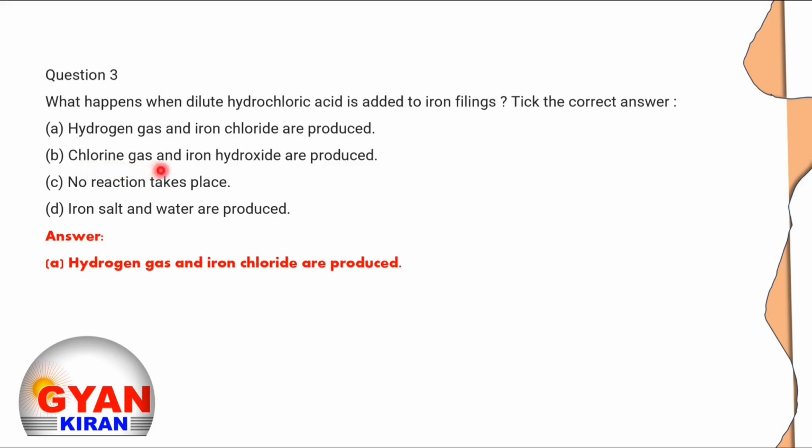Second one is chlorine gas and iron hydroxide are produced. C. No reaction takes place. D. Iron salt and water are produced. Here the solution is when dilute hydrochloric acid reacts with iron filings, hydrogen gas and iron chloride are produced, and hence the option A is the correct answer.